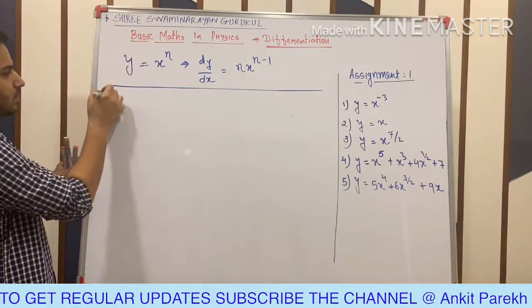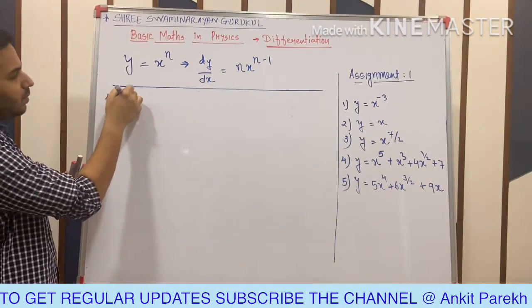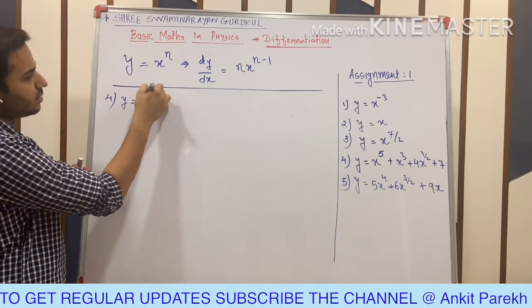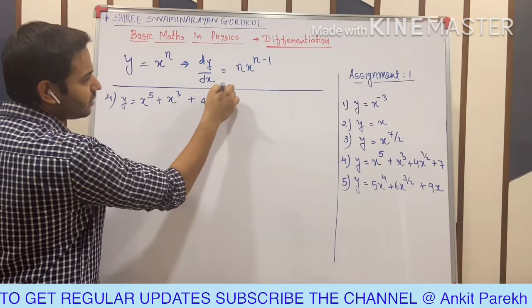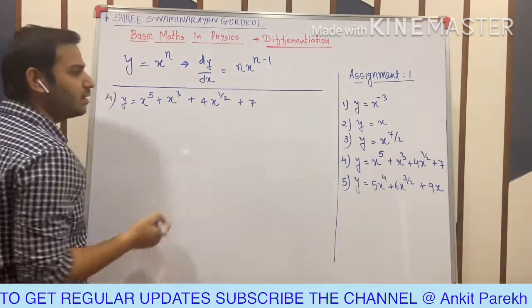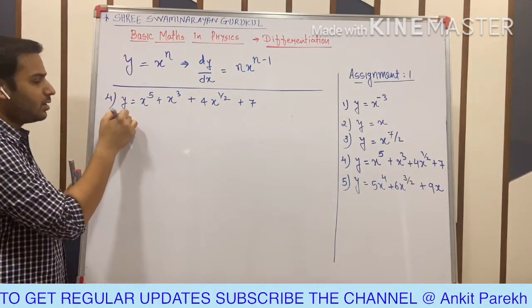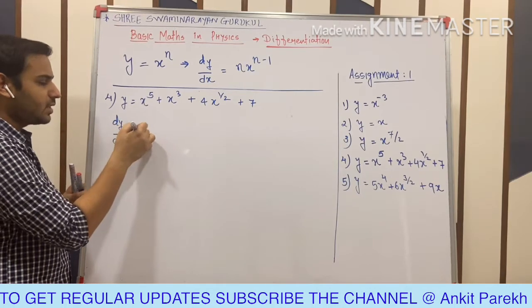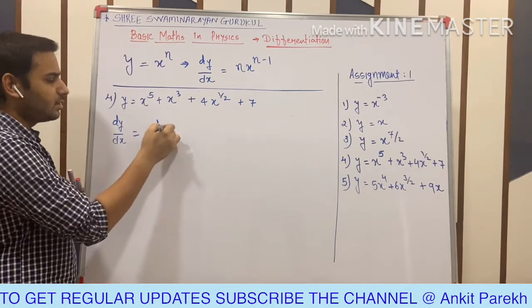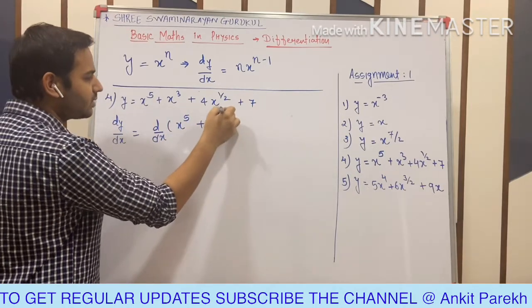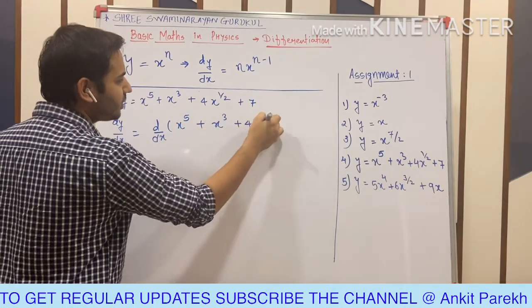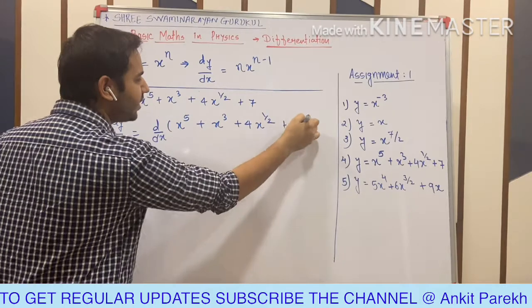Fourth question. Y is equal to x raised to 5, plus x raised to 3, plus 4x raised to 1 by 2, plus 7. Addition rule, dy by dx. Differentiate each term separately. d by dx of x raised to 5, plus x raised to 3, plus 4x raised to 1 by 2, plus 7.